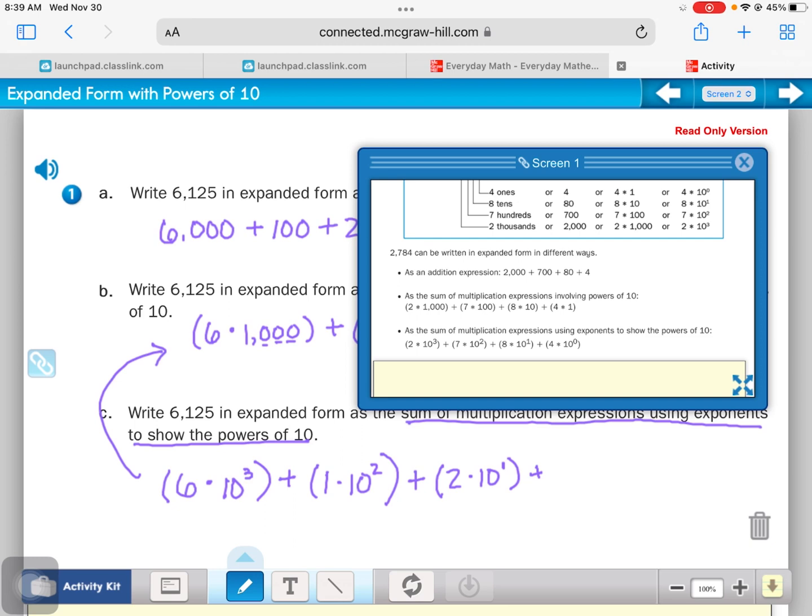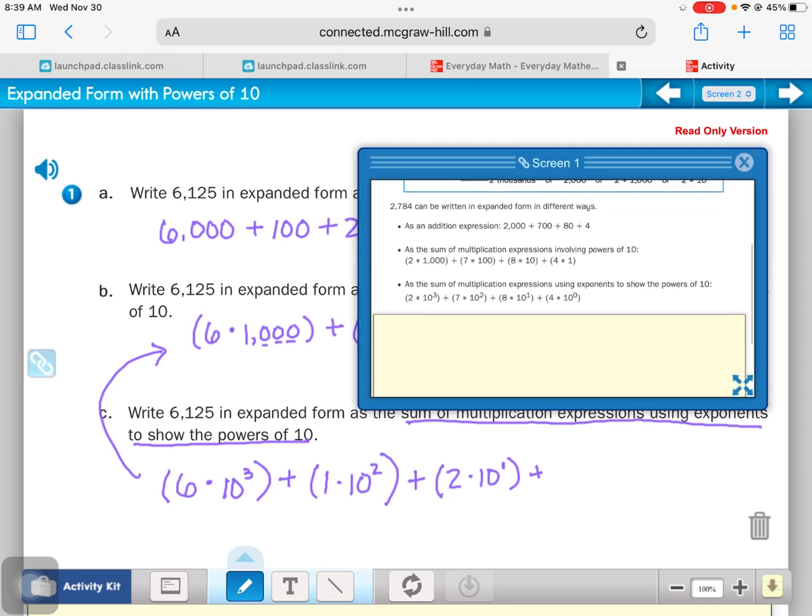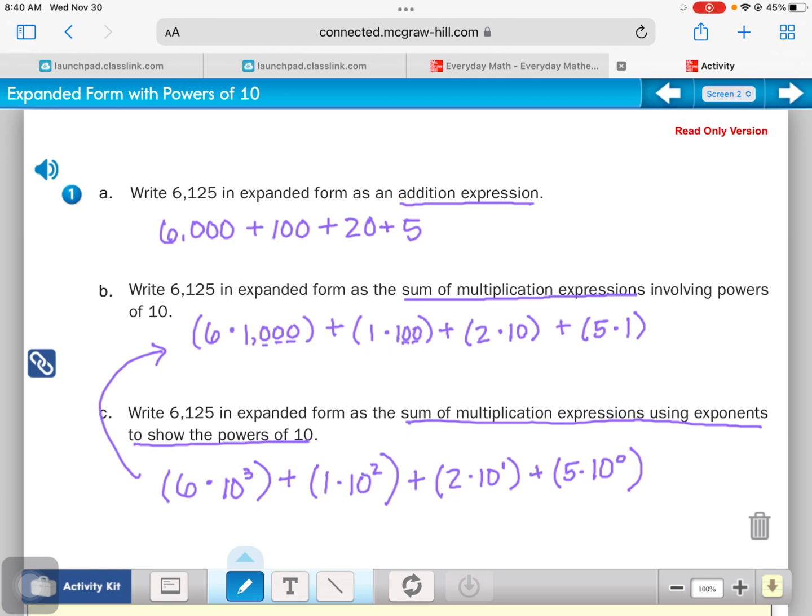Plus, what was that last number? 5. 5 times 10, and there's not going to be any more zeros after. It's actually just 5 times 1, and so I'm going to put a 0 there in order to indicate that it is a 1. So that is how I solve that portion.